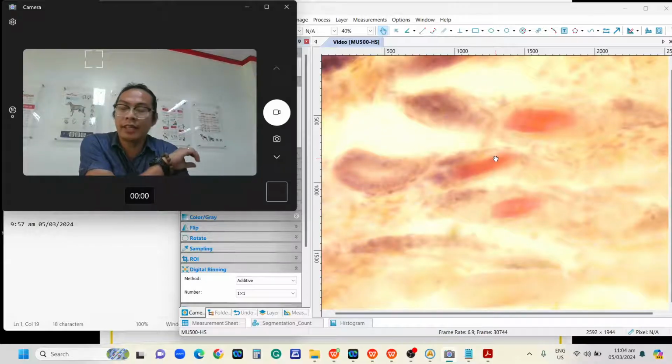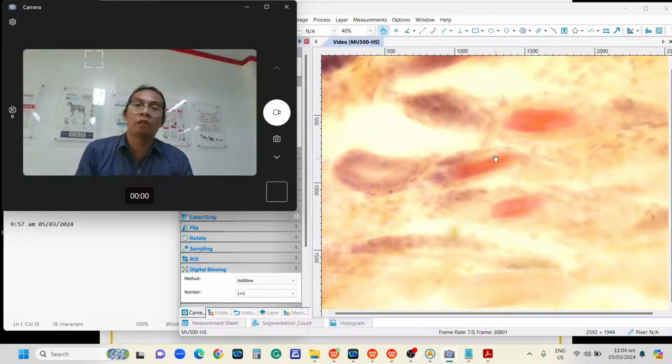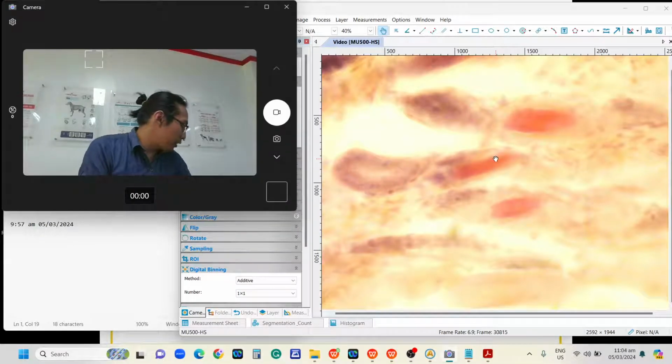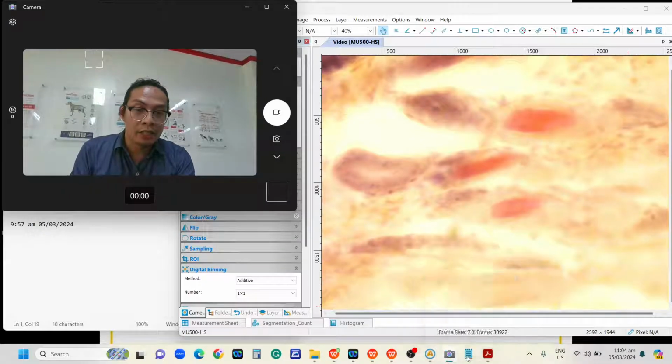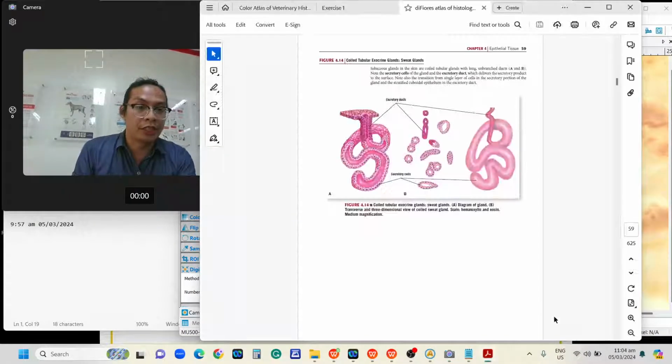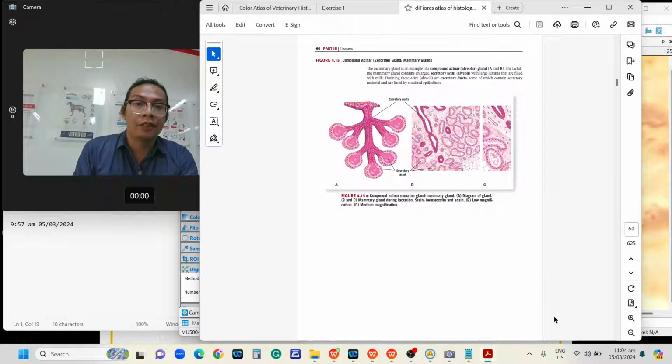Okay? So that is the simple glands. Okay? Again, secretory units, one duct. Versus that of another ductal pattern, those are the compound glands. In a compound gland, there are secondary ducts that are draining towards a primary duct, such as that of the mammary gland.